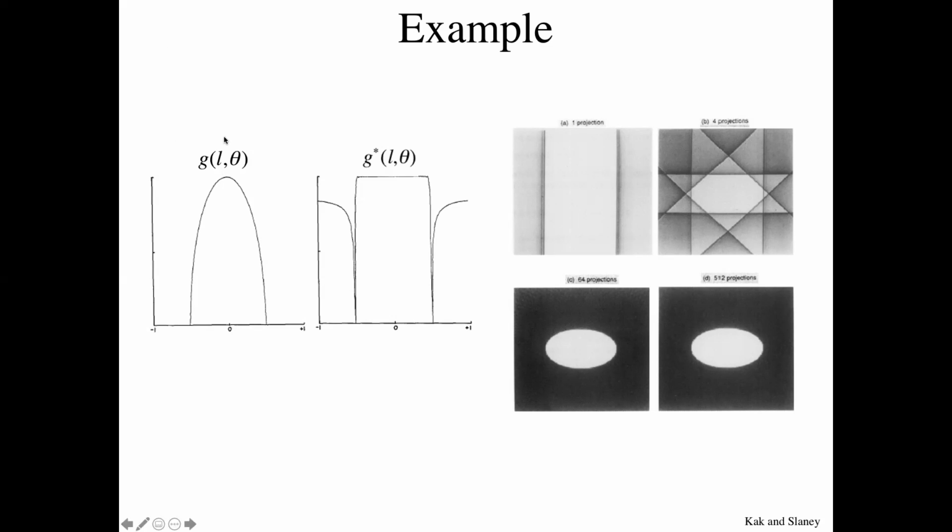When I take the inverse Fourier transform of the ramp and convolve it with this function, it looks like this. That's a completely different function. So obviously back projecting these was a bad idea. These are the things, given the algebra, that we want to back project.